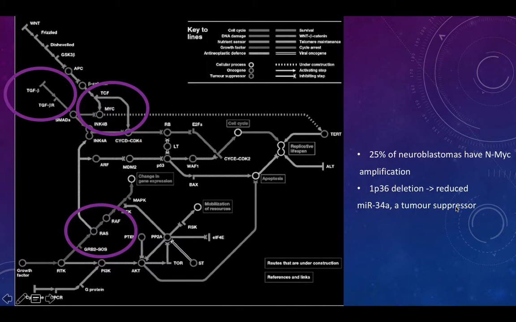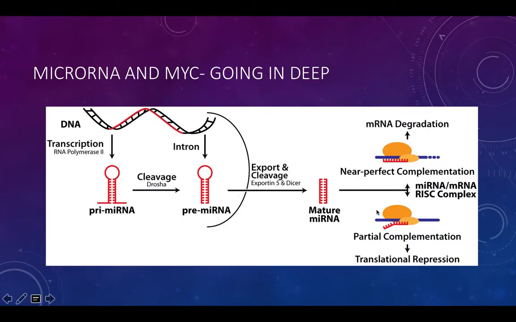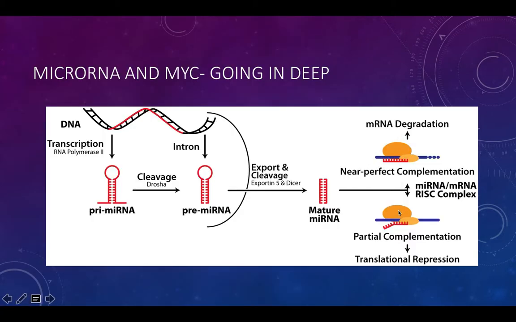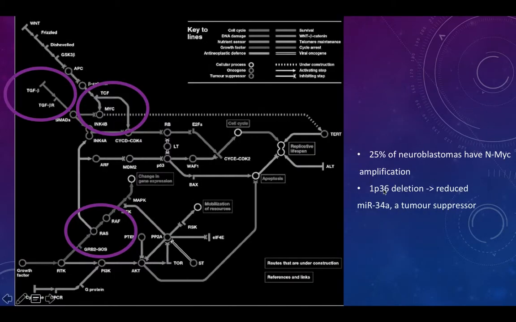So coming back to this original concept, your microRNA 34A is primary first, then precursor, then mature, then it forms the RNA-induced silencing complex, and this will break down my messenger RNAs which are associated with oncogenesis. If you delete this, you lose this tumor suppressor, which leads to feeding into the cell cycle and oncogenesis.